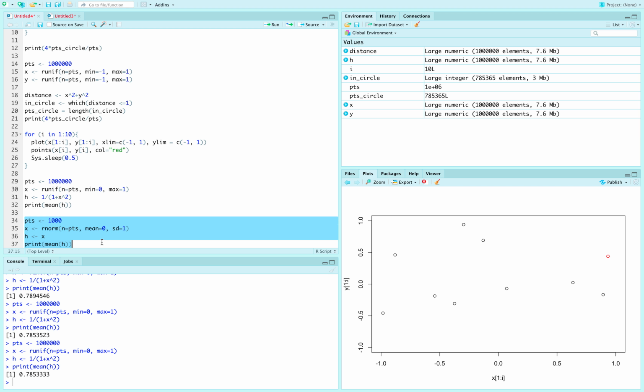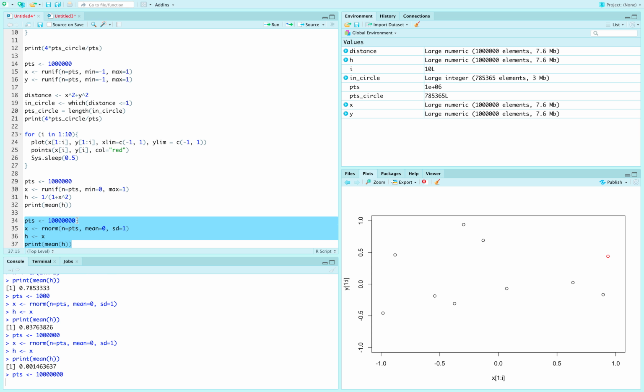Let's run the code. The mean is 0.0376386. Let's increase the number of points. Let's do similar to what we did earlier. Let's make it 1 million. The mean is 0.001463637. Let's try 10 million.